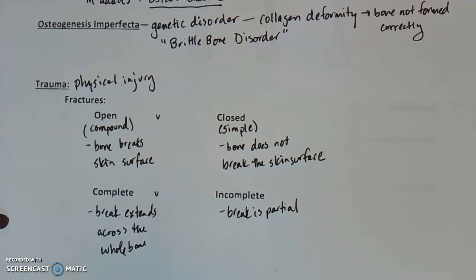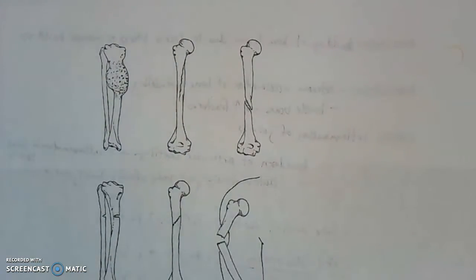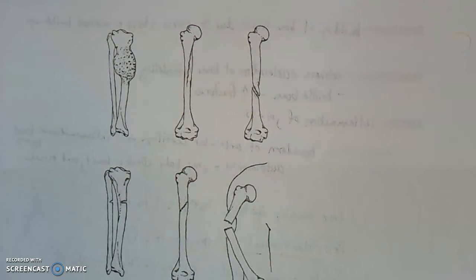So it might only be across part of the bone. So those are another way that we can look at different breakages. We have a diagram here that shows the different types of breaks or different pathologies of bone.